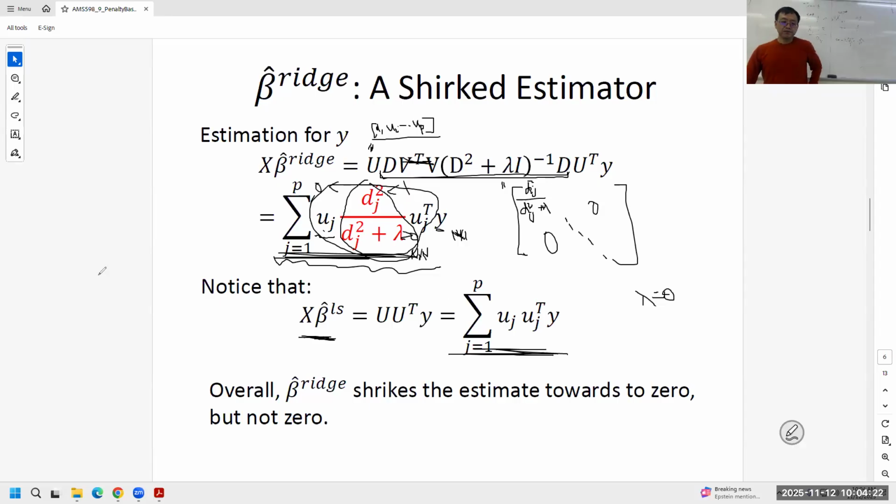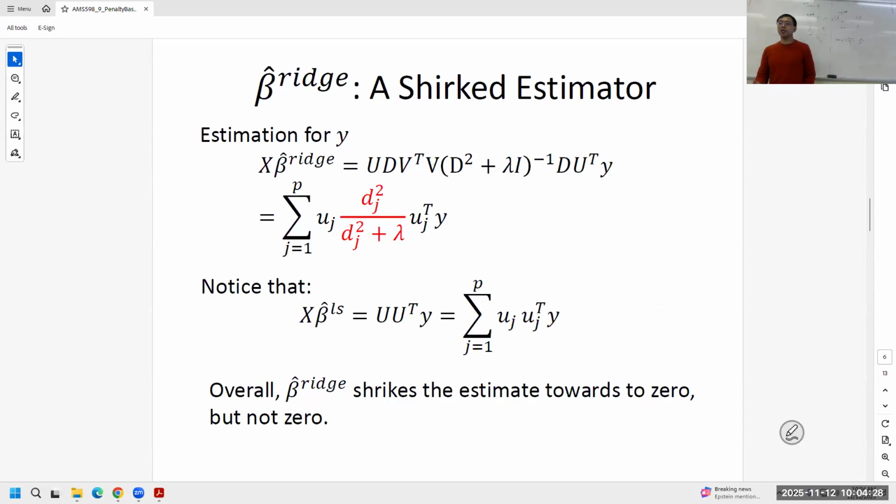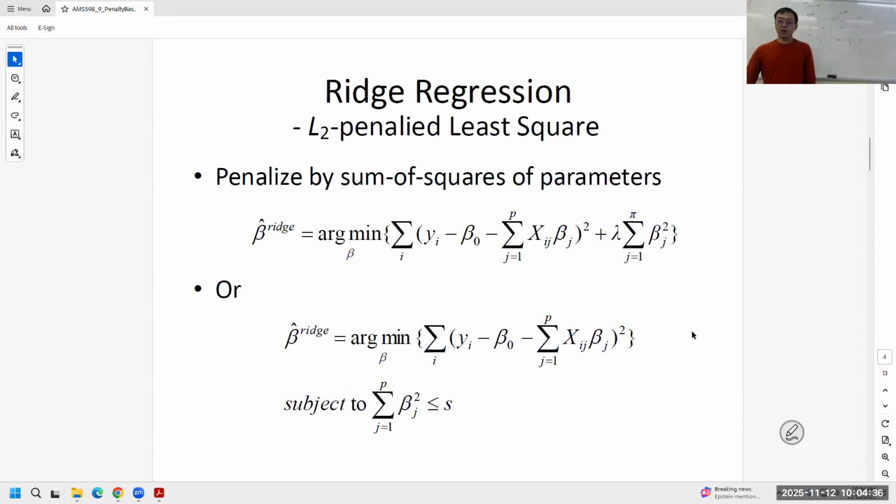All right, is this clear? Any question about this? Why the shrinkage? We talked about it in the form where ridge regression is viewed as a constraint. With that constraint, the feasible region is a circle around the origin, and therefore you want to minimize it, so basically you pull it toward that circle, right?